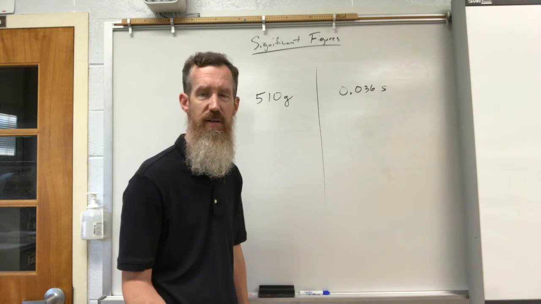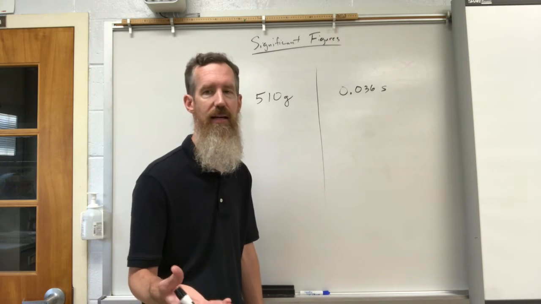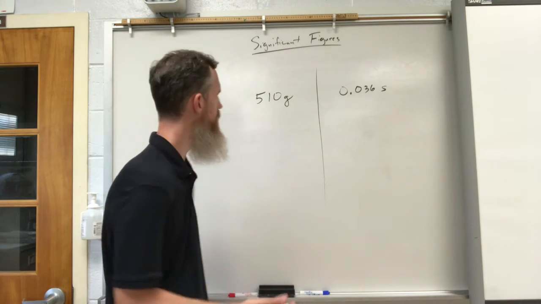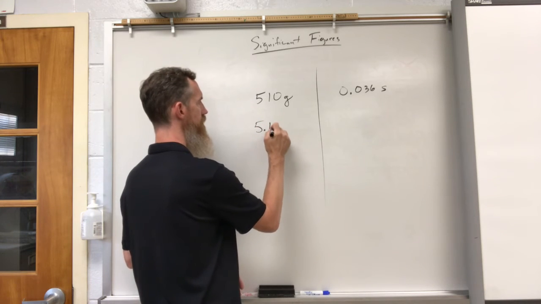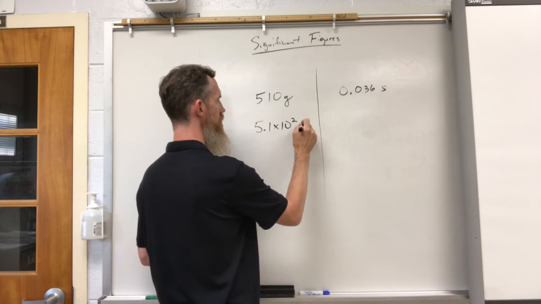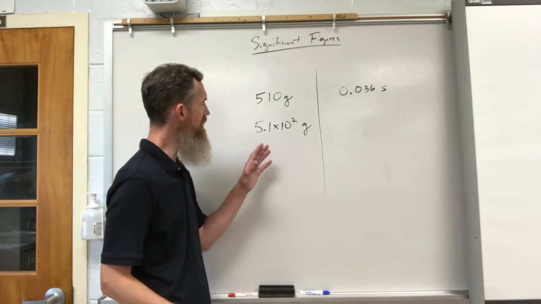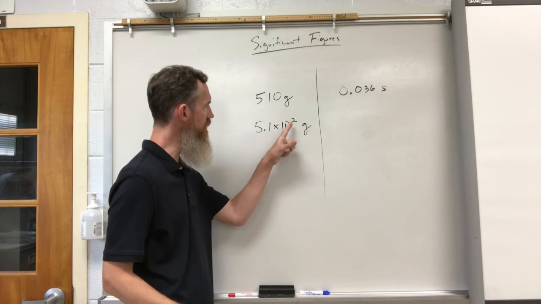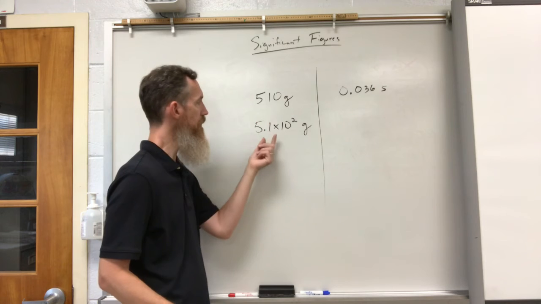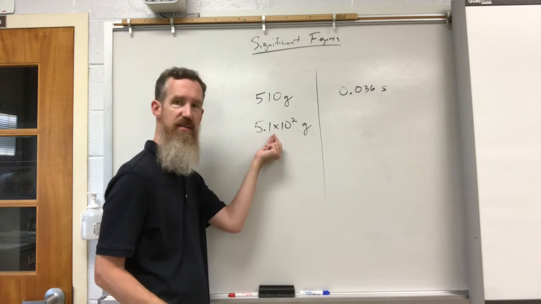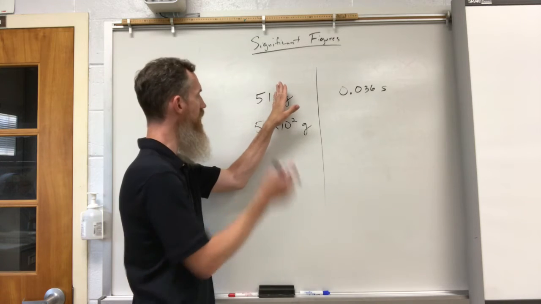So what we can do is write everything in scientific notation, which really highlights significant figures. This can be rewritten as 5.1 times 10 to the second grams. Now, it's awkward, but notice, if I multiply 5.1 times 100, I'll come up with 510. But it doesn't need that 0 there. The 0 doesn't need to hold that place. Because if the 0 wasn't here, it'd be 51 grams. It's nowhere near 510.